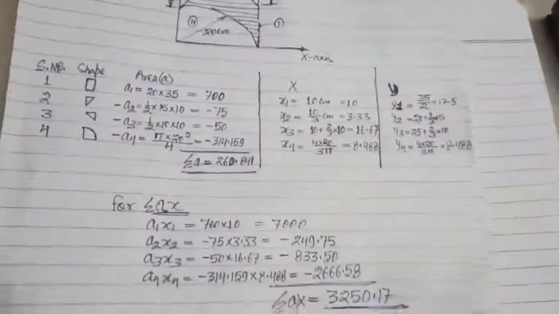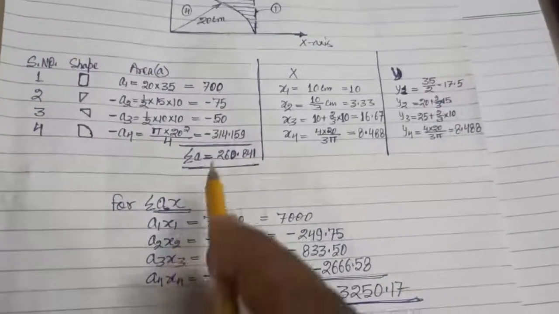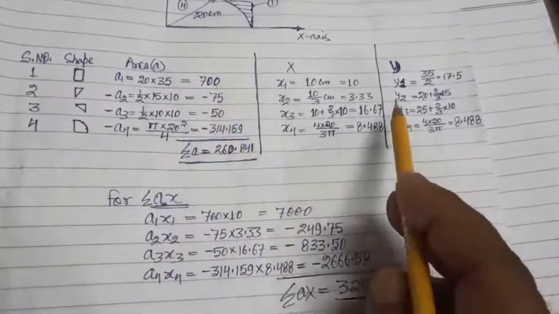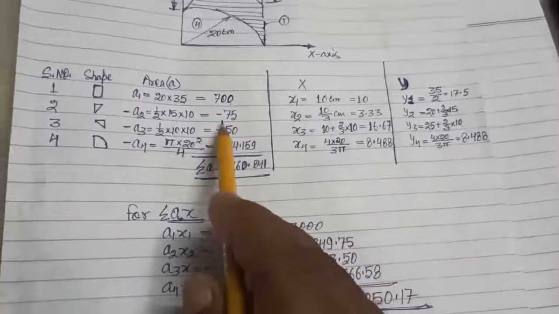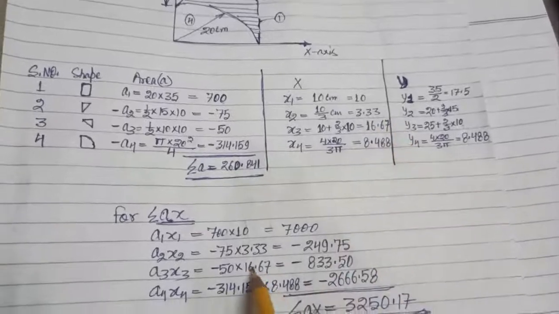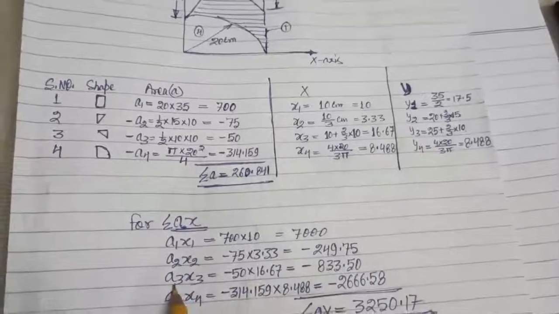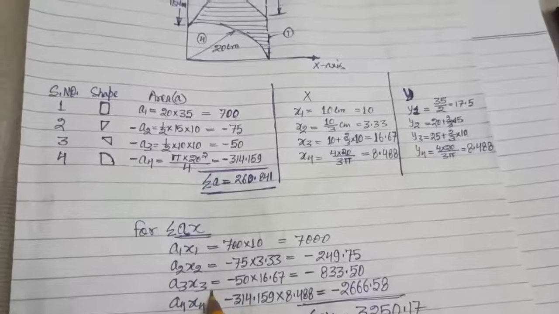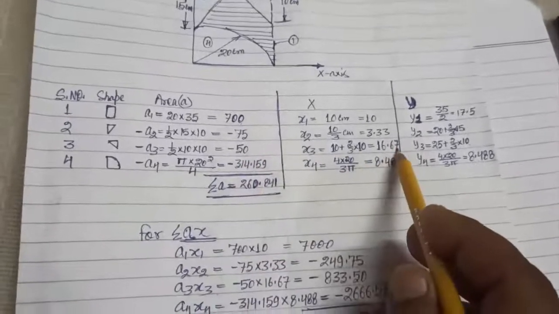Now ax is a1 x1. So a1 is 700 and x1 is 10, so this is 7000. And a2 is minus 75 and x2 is 3.33, so this will give minus 249.75. And a3x3 is minus 50 into 16.67.